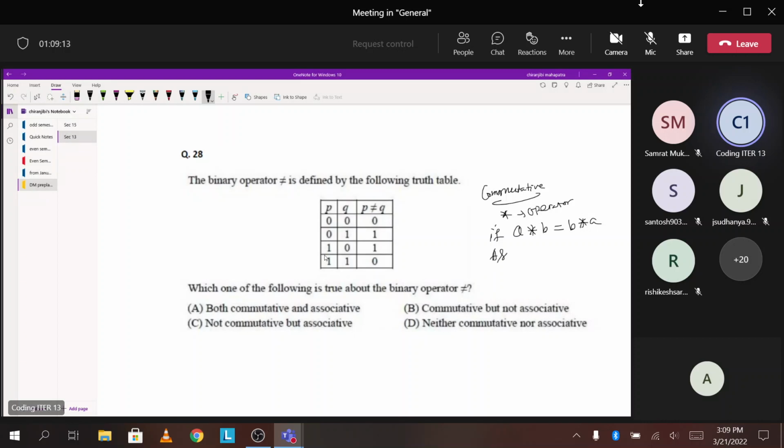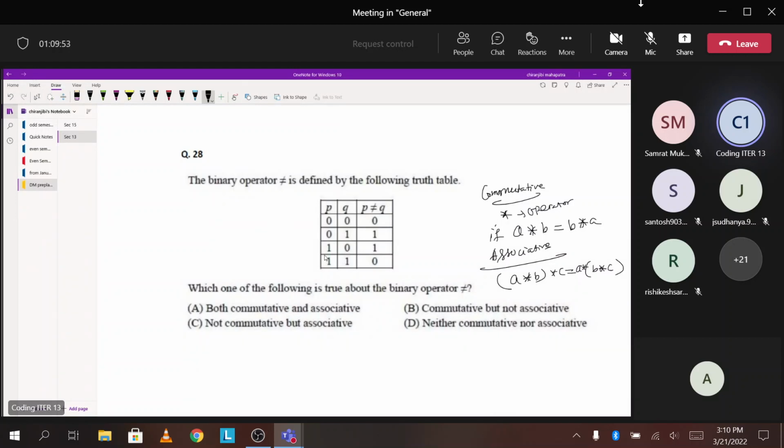And what is the associative property? Can anyone tell me what associative is? If A star B, star C is equal to A star, sorry, wait, that is equal to A star B star C, then this type of property is called the associative property.